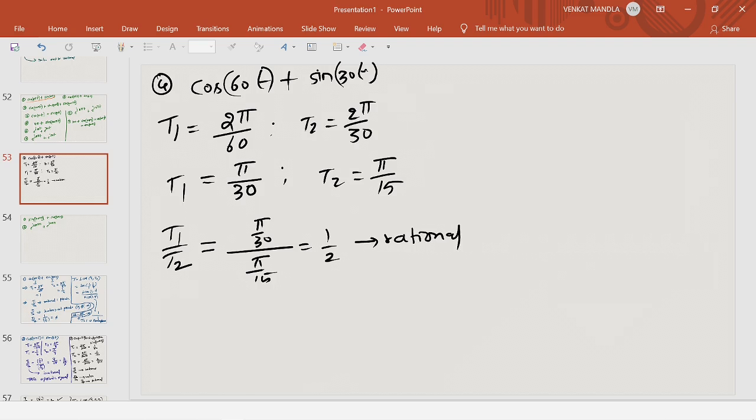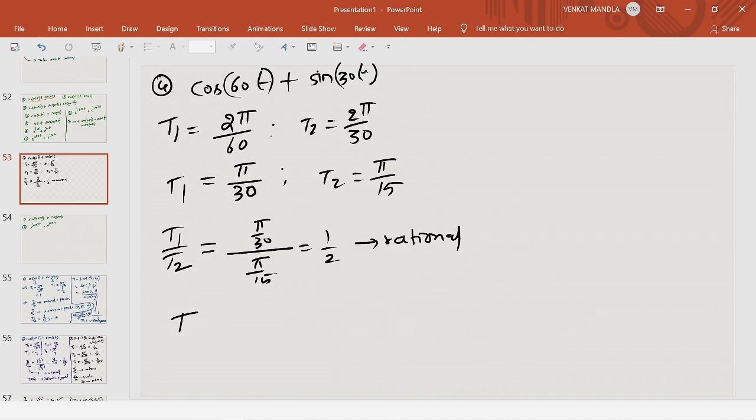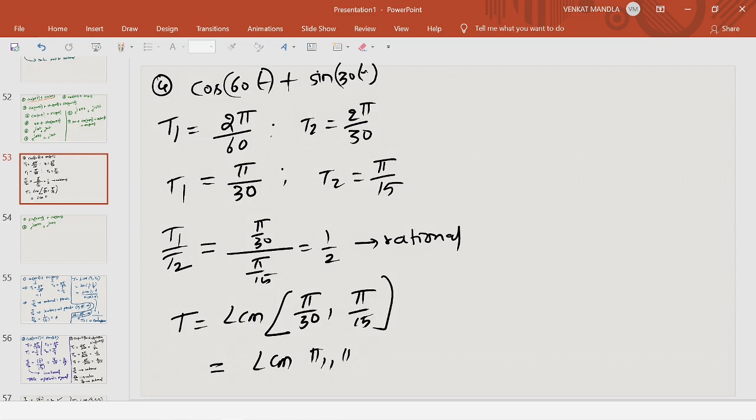If it is a rational number, then it is periodic. What is the period? T equals LCM of T1, T2. T1 is pi by 30, T2 is pi by 15. How to find LCM of fractions? LCM of the numerators pi, pi by HCF of the denominators 30, 15.